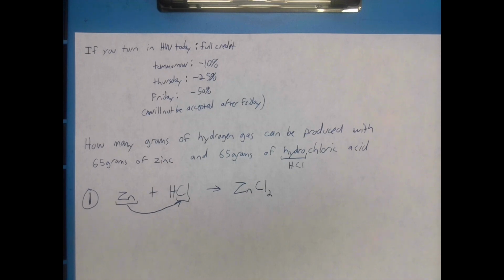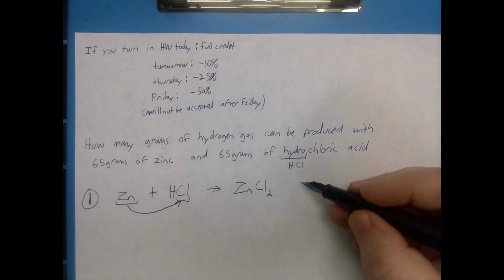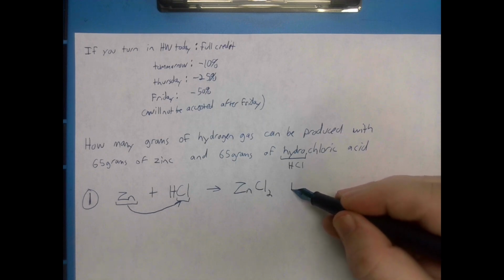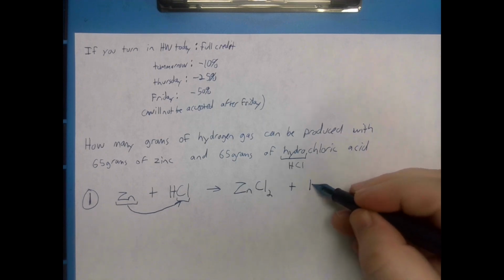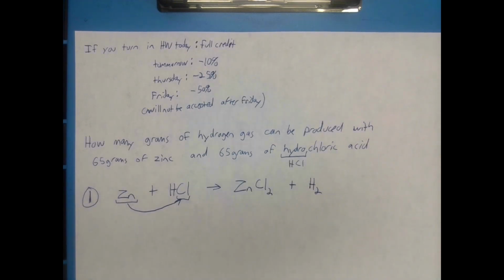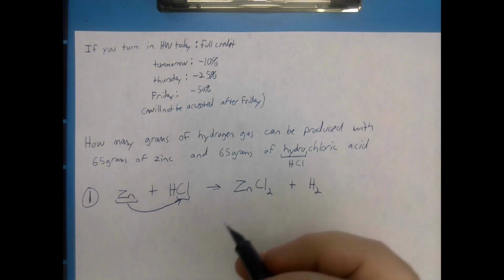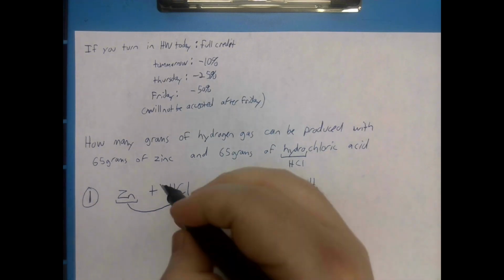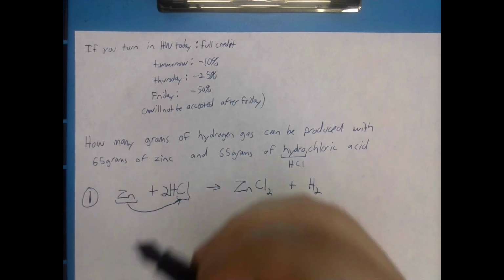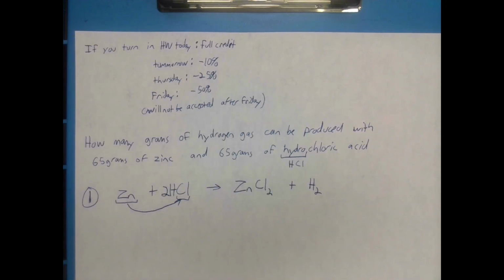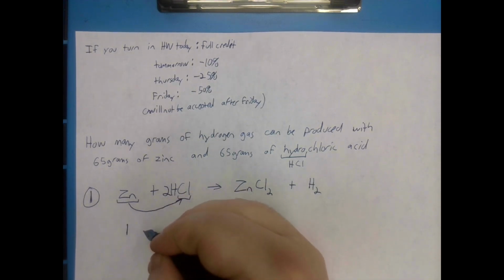Zinc has a +2 charge. And we have hydrogen left over. Hydrogen is diatomic, so there will be two of them. We have 2 hydrogen, 2 chlorine, so we need 2 of these. So our ratio is 1 zinc to 2 acid.